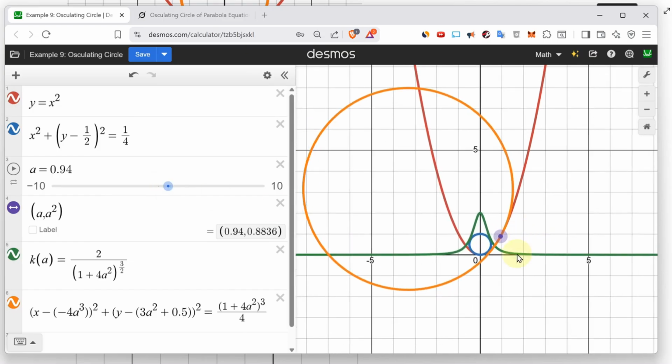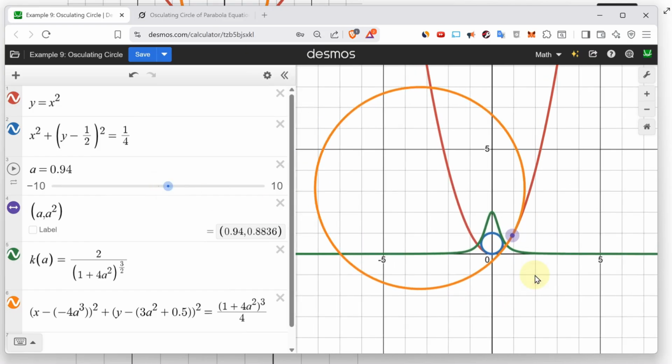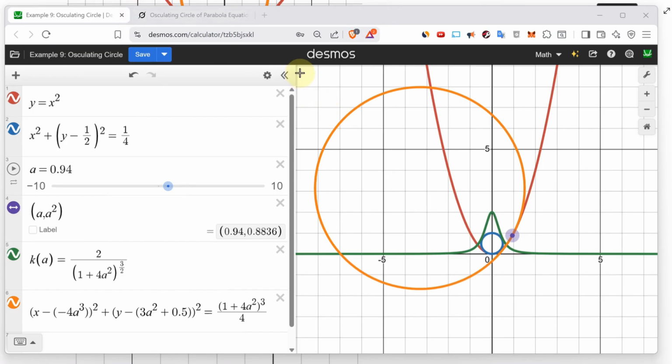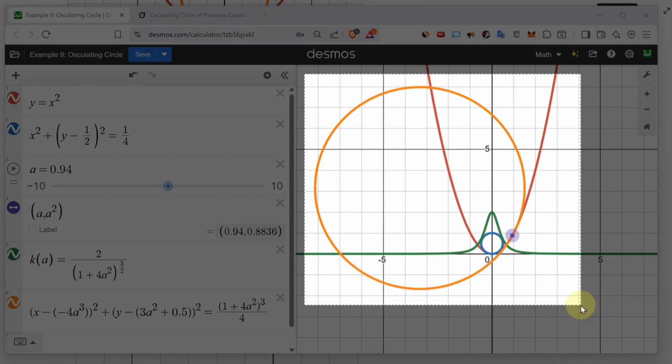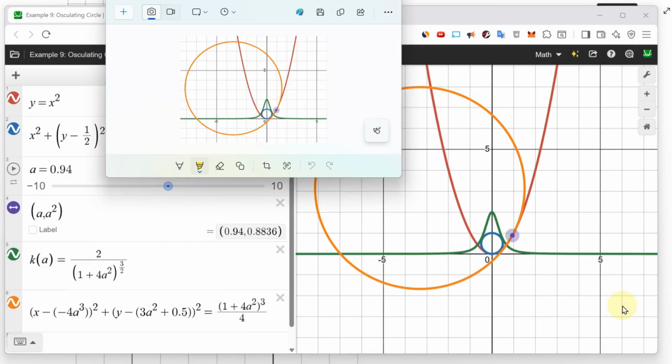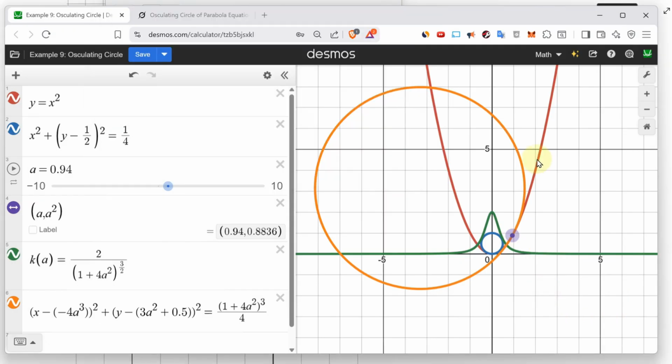So basically, as the curvature gets small, the osculating circle gets large, and it's always tangent to it. It's a pretty cool equation there.